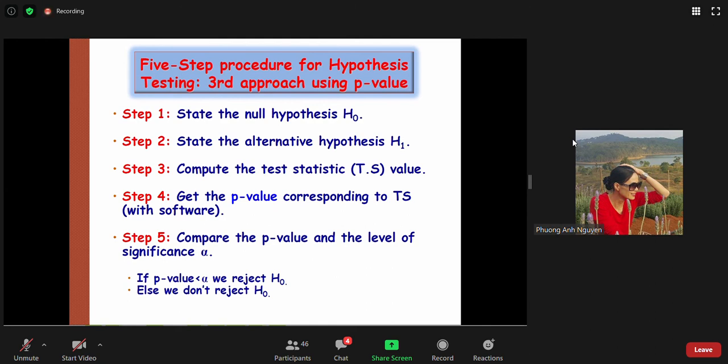You calculate the area of the rejection region, which is the p-value, often with the software's help. And then you compare the p-value and the significance level alpha. If the p-value is smaller than or equal to alpha, even if it's equal, we can reject H0. Otherwise, we do not reject H0.